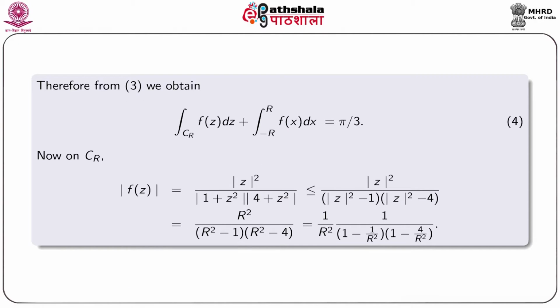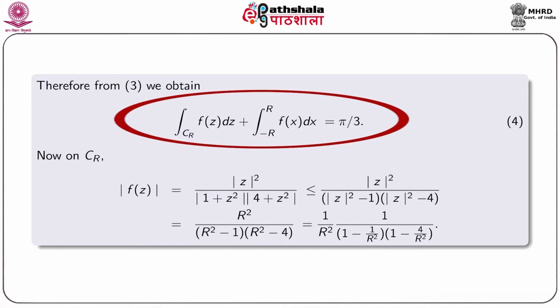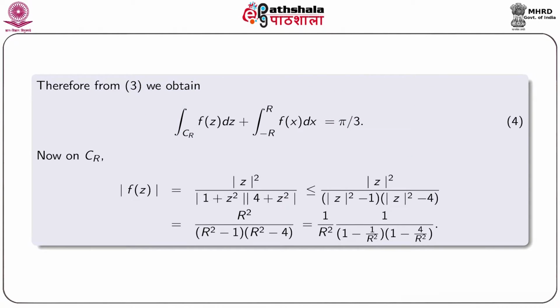Therefore, from (3) we obtain the integral over C_R of f(z) dz plus the integral from −R to R of f(x) dx equal to π/3.